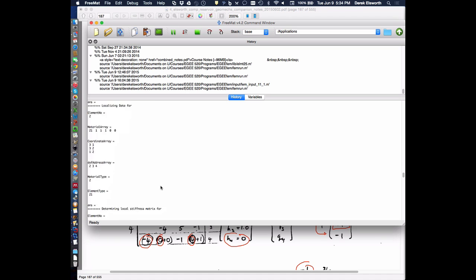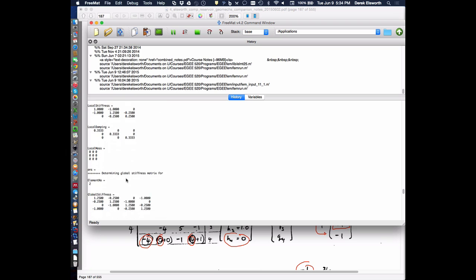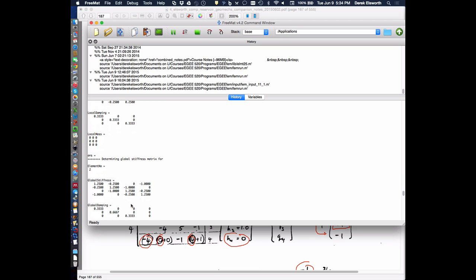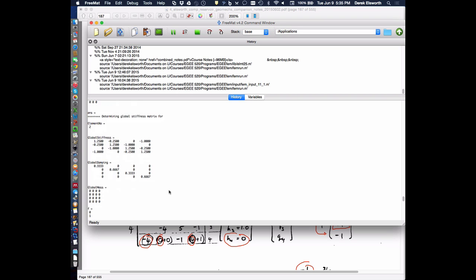If we do the second element, we end up with another stiffness matrix, conductance matrix. Once we add that into it, it looks like the one we have here. You can see just under here, this is 4 plus 1 divided by 4. So that should be 5 over 4, which is 1.25. This is minus 1, which is minus 1. Just worked out that way.